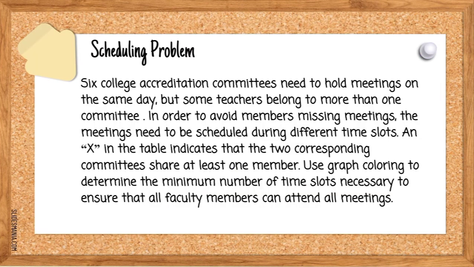Graph coloring is usually used in scheduling problems like this one. So, 6 college accreditation committees need to hold meetings on the same day. But some teachers belong to more than one committee. In order to avoid members missing meetings, the meetings need to be scheduled during different time slots.